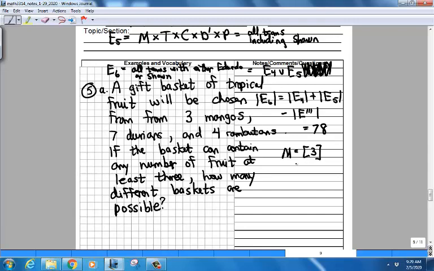Okay. 7. All right. And R is going to be 4. I'm with that. And now what are you going to do with those? So our set of different baskets, do you want to call that B? So that's our set of different baskets there.